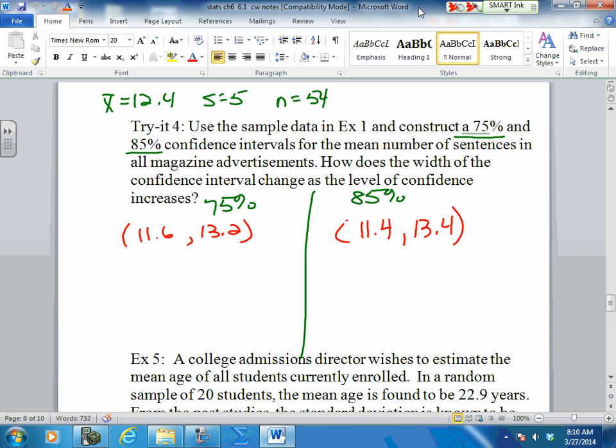Okay. Now, what do you see? I'm going to help. If I make a number line, guys, watch. Here's 11.4. Here's 13.4. This is one interval. My mean is smack in the middle. Here's my second interval. 11.6.